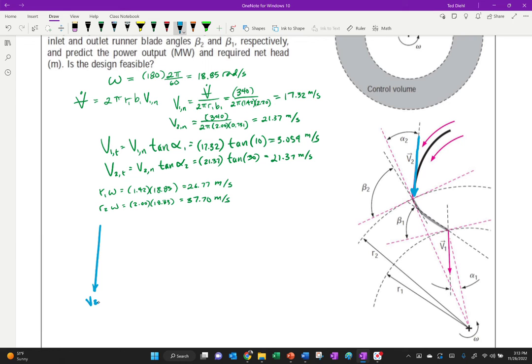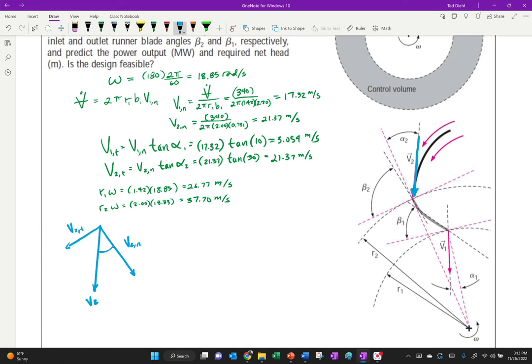And right there is the tangential component, and here is the normal component. Let me make it a little bit more accurate. Kind of like that. All right, so here's V2N, V2 tangential. Right there, that's the ones that we're looking at.